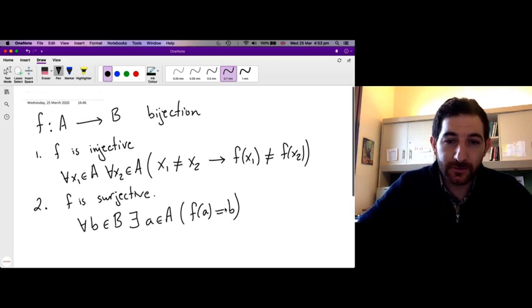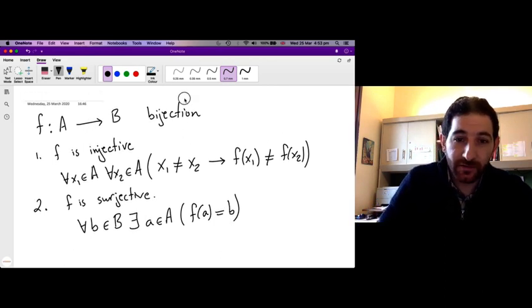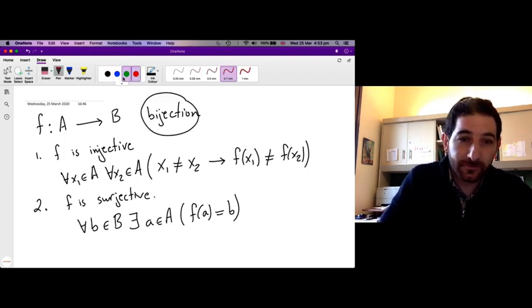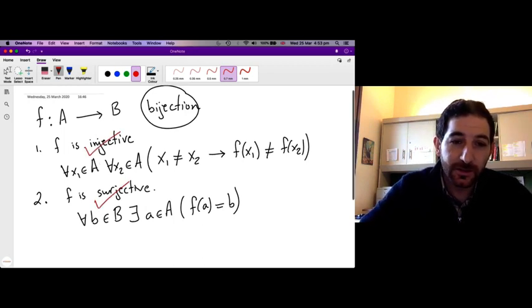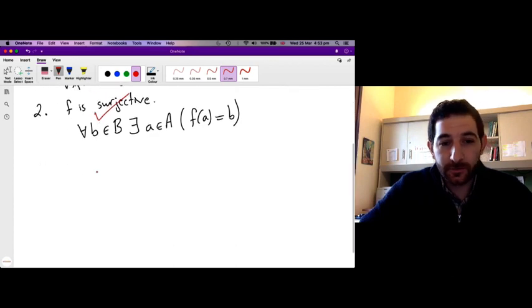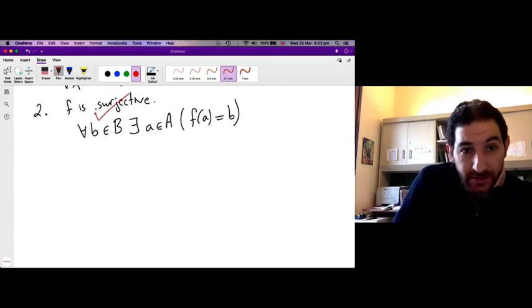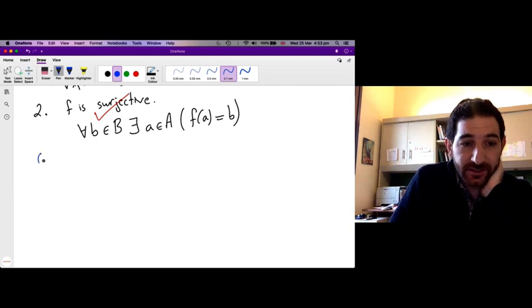So a function is a bijection if it is both injective and surjective. This is the meaning of a bijection. Now let us say some brilliant observation about bijections.